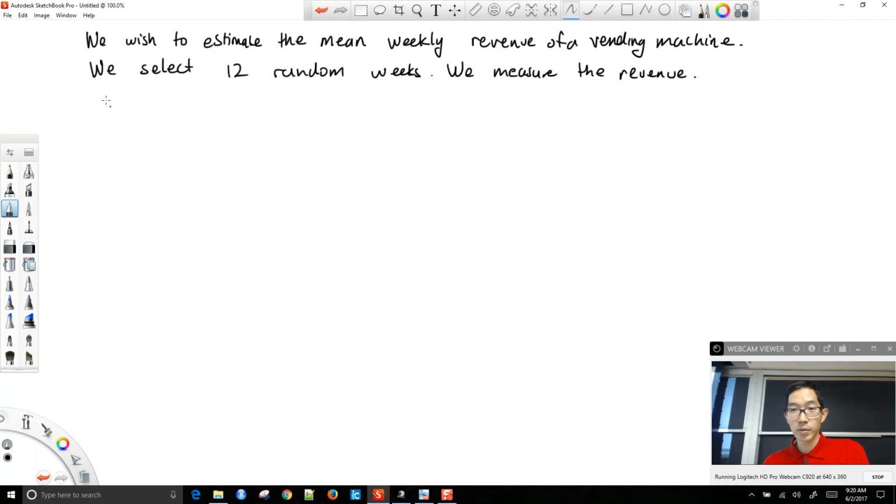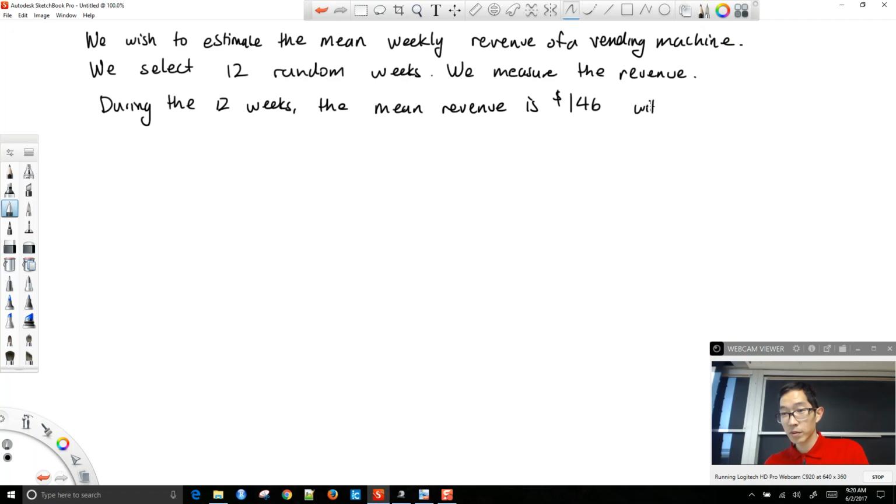We will say during the 12 weeks, the mean revenue is, I don't know, $146 with a standard deviation of $18. So during those 12 weeks, we average 146 with a standard deviation of 18.